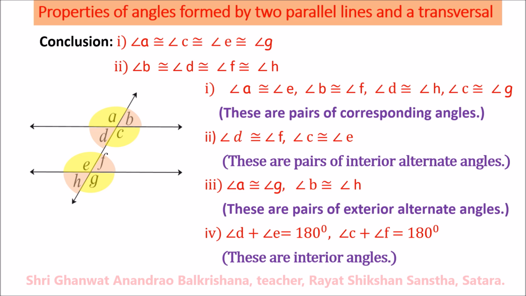Therefore, we conclude that when two parallel lines are intersected by a transversal, the pair of interior angles are supplementary to each other. That means the sum of the interior angles is 180 degrees.